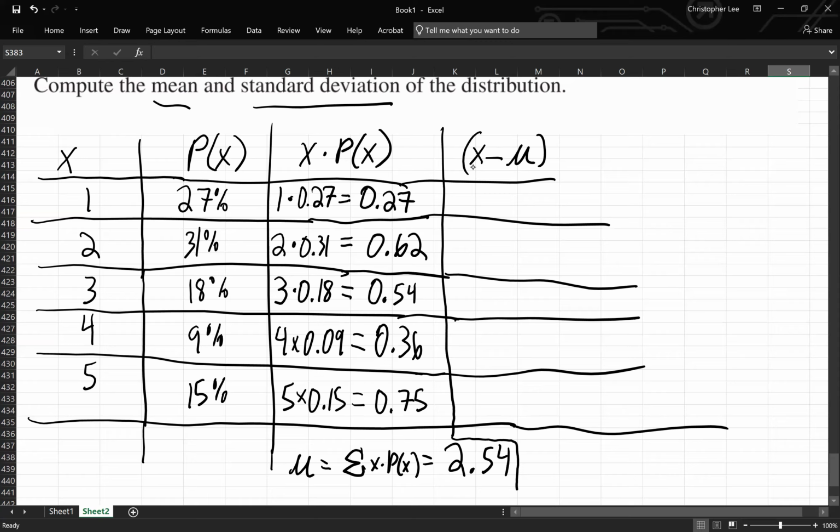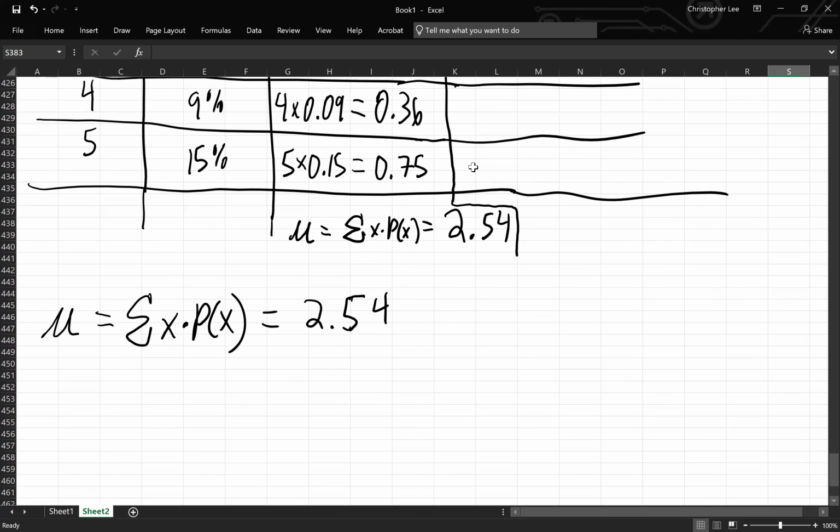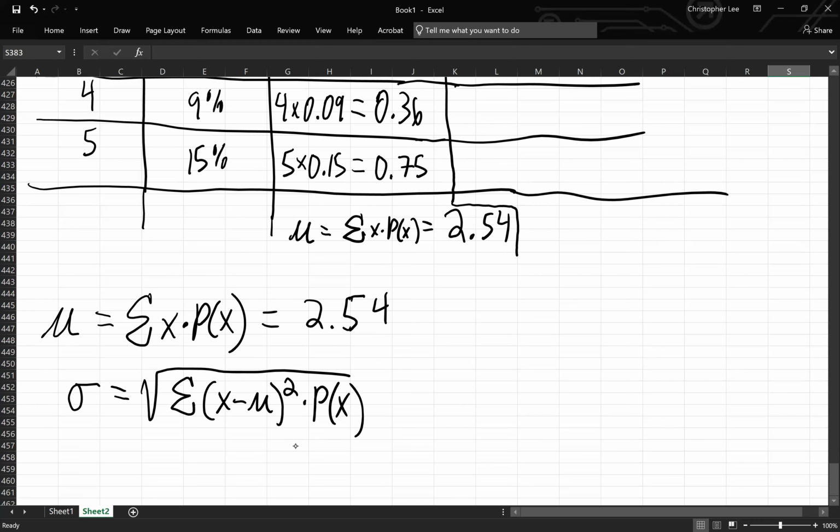Now, why am I saying that? Our standard deviation, sigma, is equal to the square root of the sum of (x minus our mean) squared times P of x.